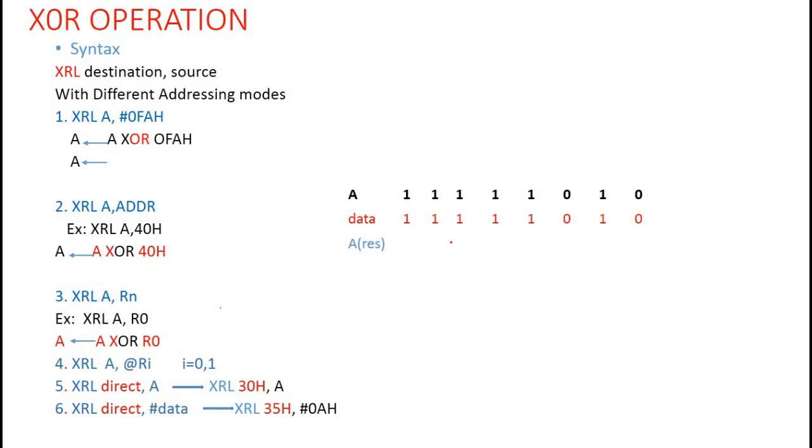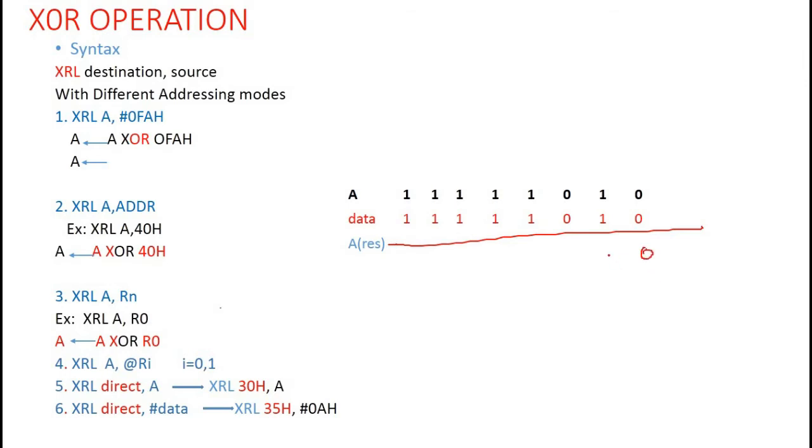Okay, so now we'll see at least one example of how the XOR operation is done here. So here I have taken some data for the accumulator and the immediate data, and now if we do the XOR operation, we know that if the inputs differ, then the output will be 1. Means for different inputs, the output will be 1, right? So here both the inputs are the same, so it is 0.